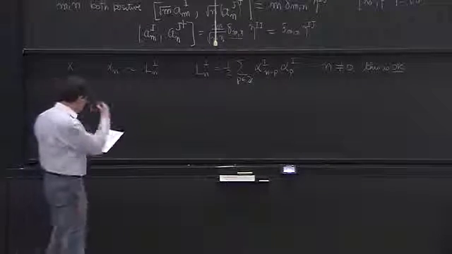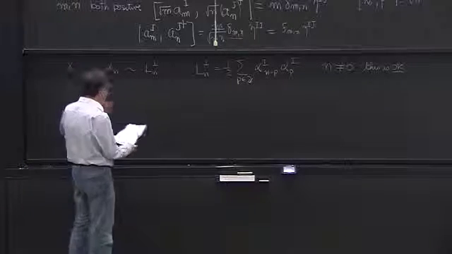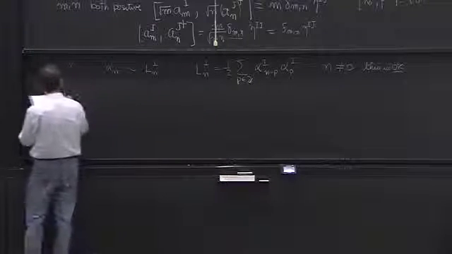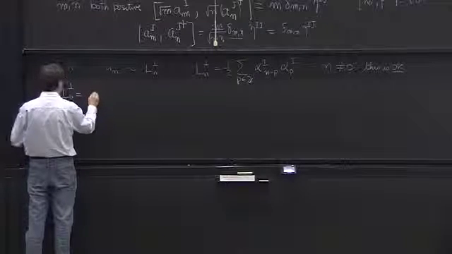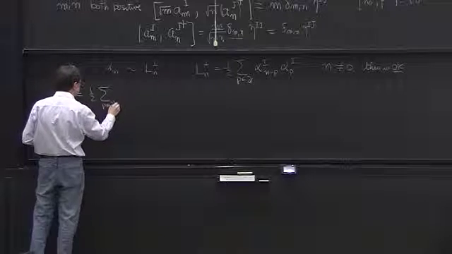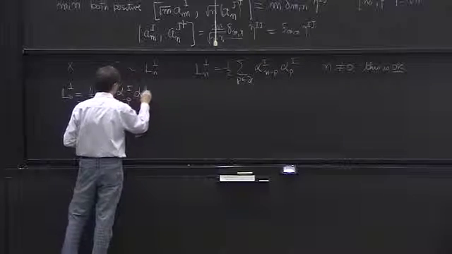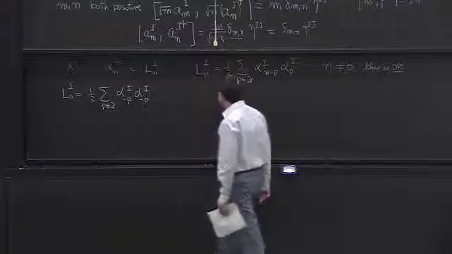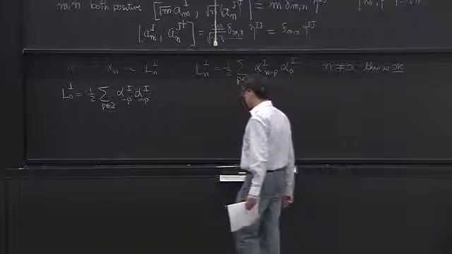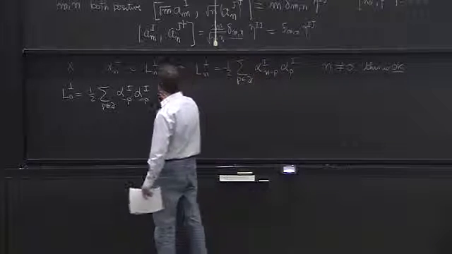But let's look at L0. L0 is presumably problematic, so let's look at what it is. L0 perp is 1/2 the sum for p over all integers of alpha_{-p}^i alpha_p^i. Let's go slowly here.